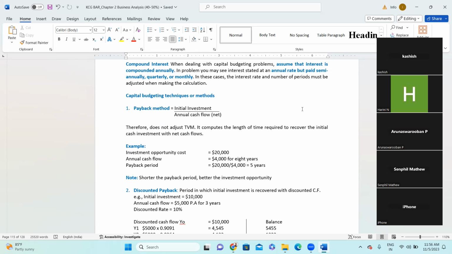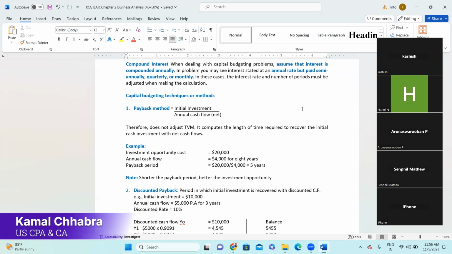So it is generally considered as compounded interest, right? In a problem you may see interest stated at an annual rate but paid semi-annually, quarterly or monthly. In these cases, the interest rate and the number of periods must be adjusted when making the calculation. So you need to make an adjustment for the number of periods as well as the interest rate.